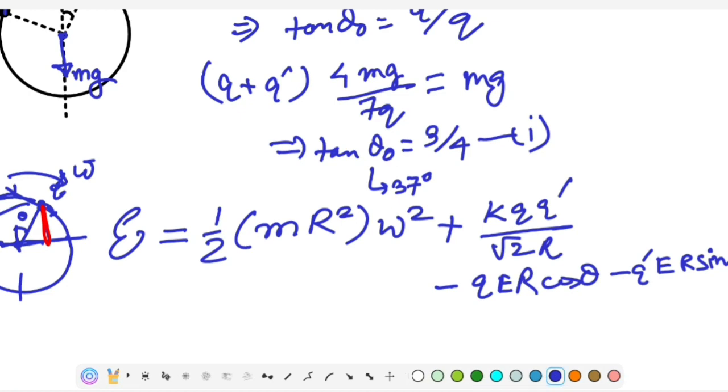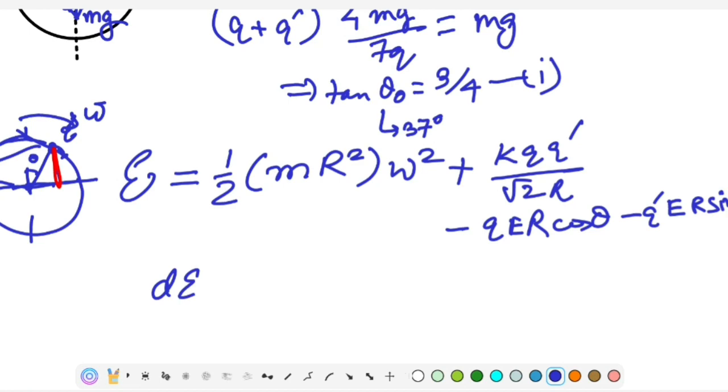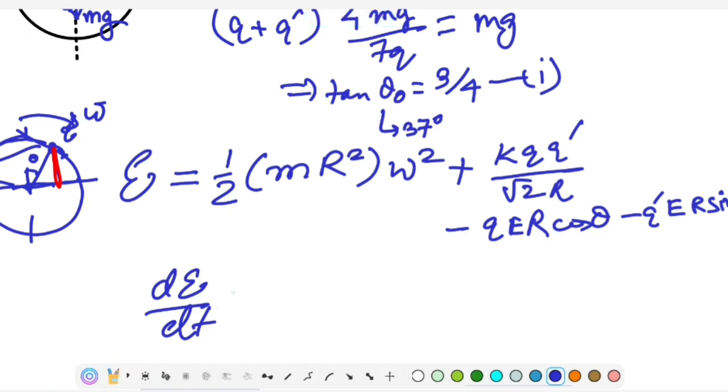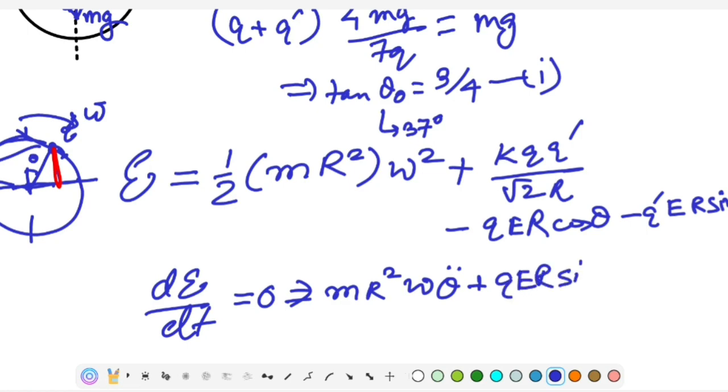If we do that, this is the energy that we get, and if we take its time derivative and equate it to 0, we will get the required equation that will give us the SHM condition. That will give us mr square omega theta double dot plus QER sin theta omega.